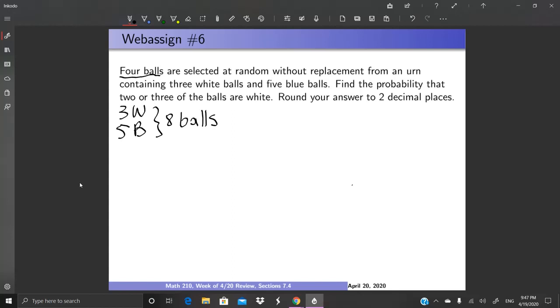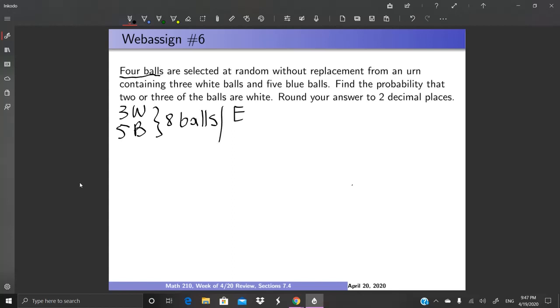We want to find the probability that 2 or 3 of the balls are white, and we want to round our answer to 2 decimal places. What you want to do first is define the event.